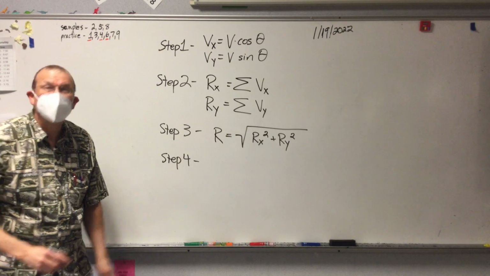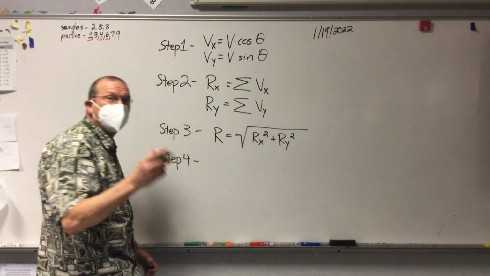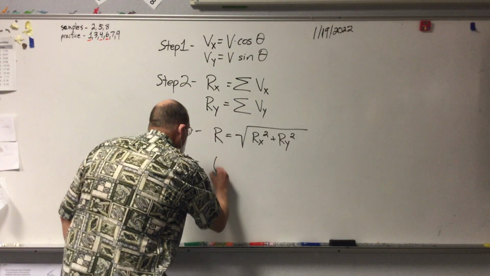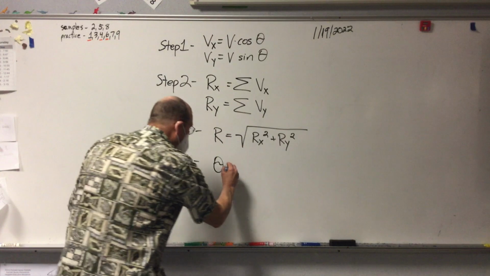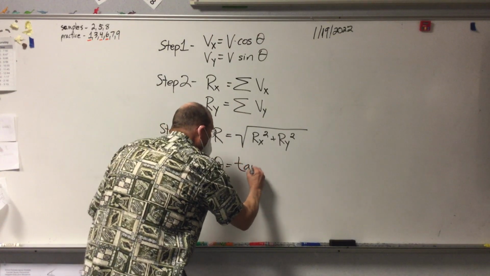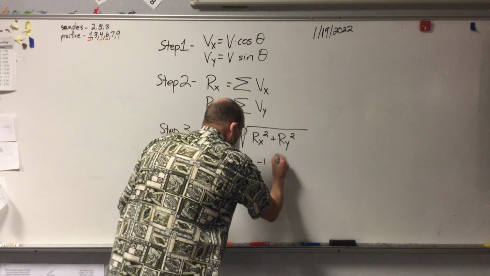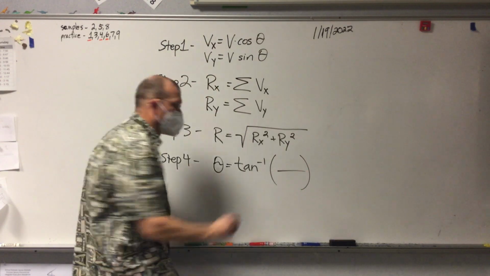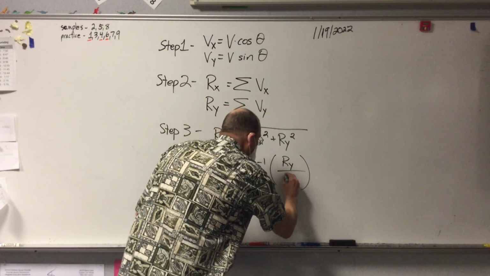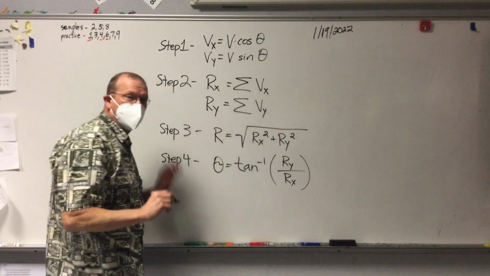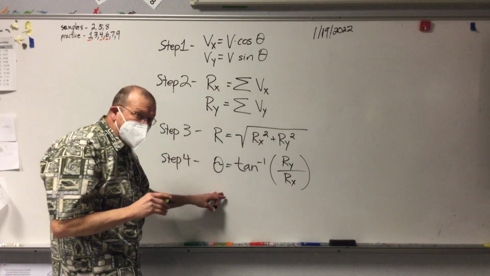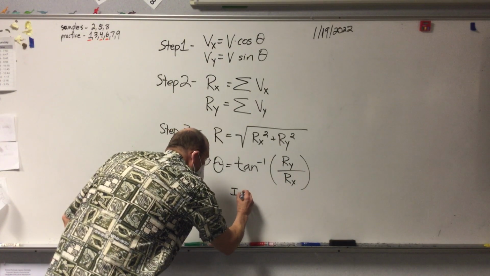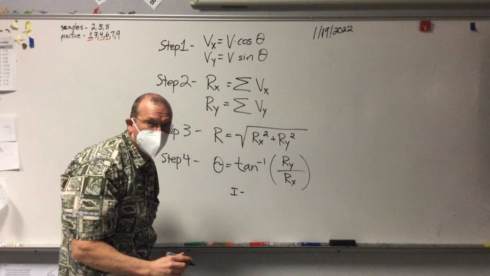What we just did. Which involves what function? Arctan. Arctangent. So we need to get theta, and we do that by doing the arctangent, and it's always what over what? Ry over Rx. And this is where we have to add a little extra. First quadrant, what do we do?